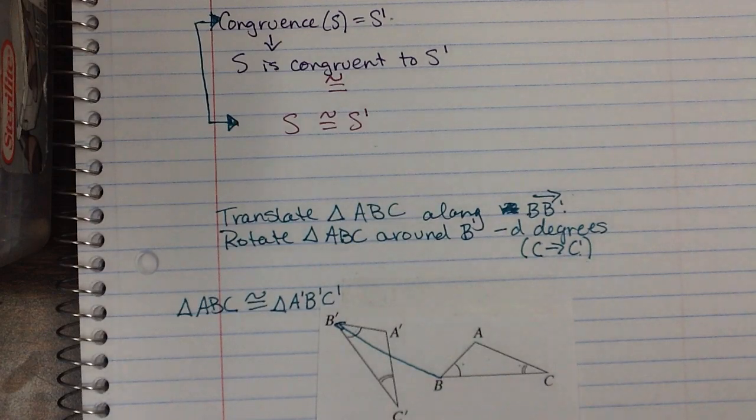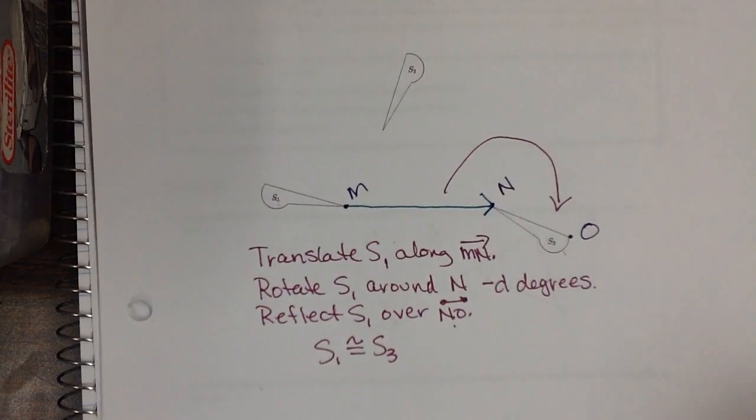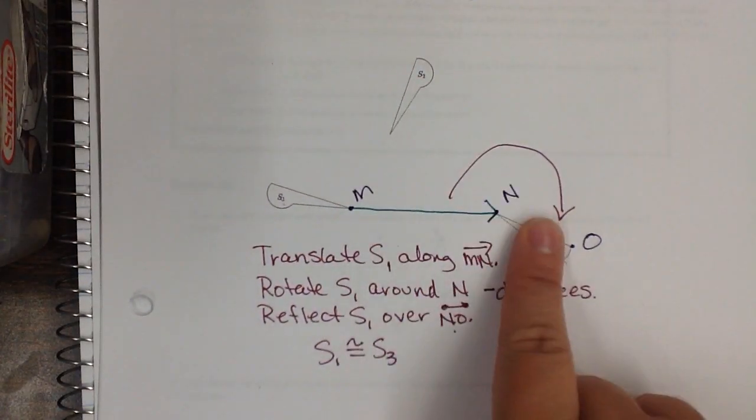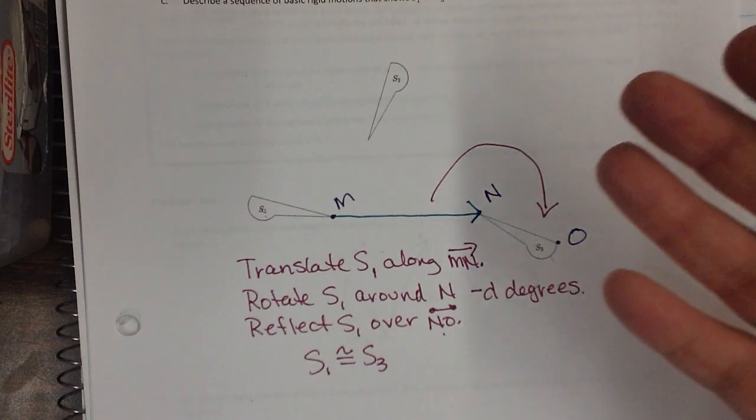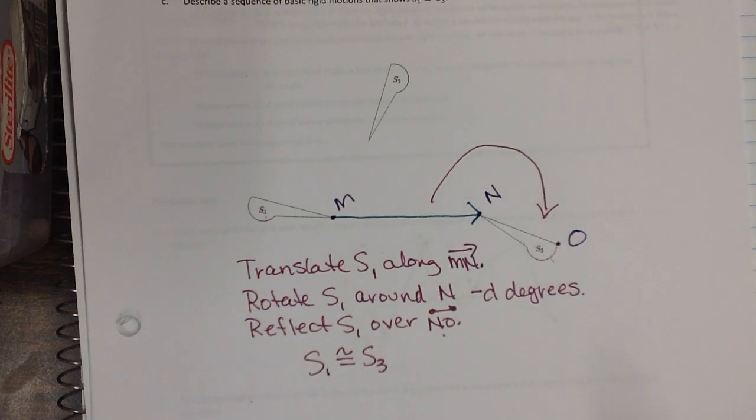So, let me back up just for a second. When we do basic rigid motions, we know that they take a line to a line, a ray to a ray, a segment to a segment, an angle to an angle. We also know that a basic rigid motion preserves segment length and it preserves angle measures. So when we're talking about congruence, congruence also does all of those things.